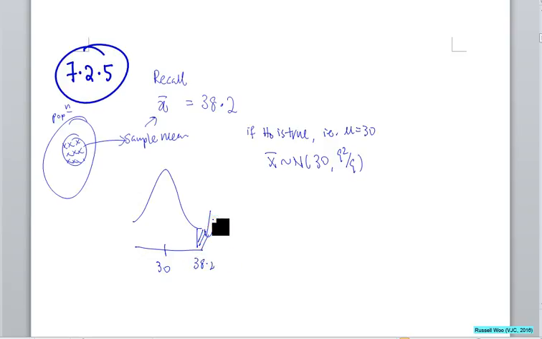What was this probability? This is the probability x bar greater than 38.2, which is 0.003135. You recall? Then we say, therefore it's a rare event, smaller than the level of significance. Rare event, therefore H naught is not true to begin with.